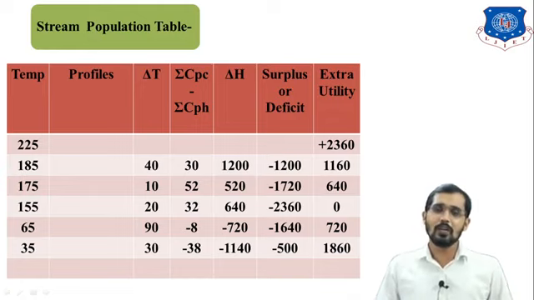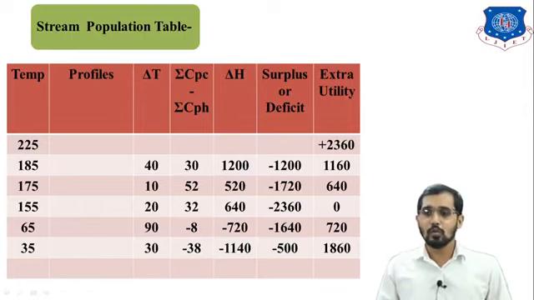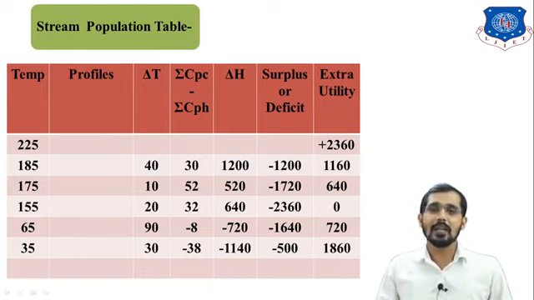In the shifted temperature table, 225 is the highest temperature, so 225 followed by 185, 175, 155, 65 and 35. This is the shifted temperature, written in decreasing order.